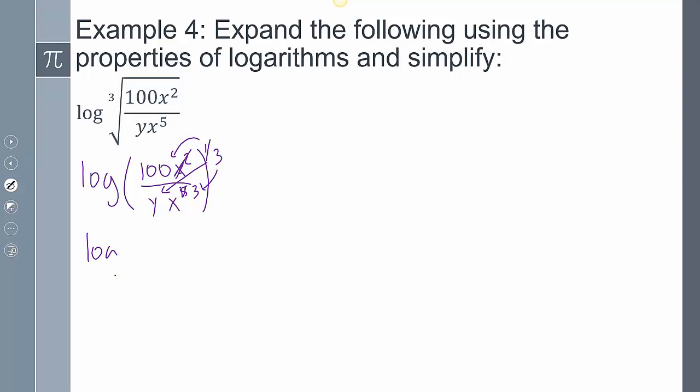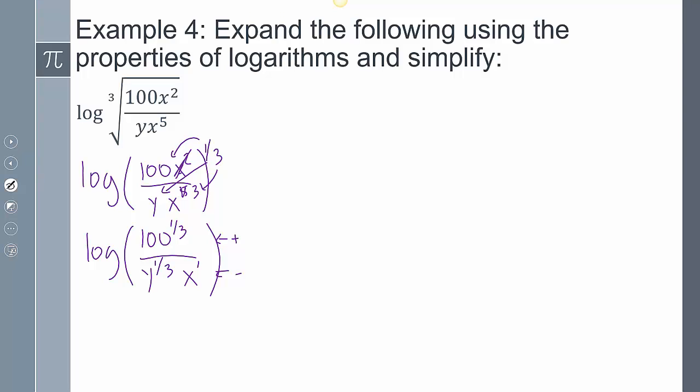So I'm going to get log 100 to the 1/3 over y to the 1/3, and then x, that's 3 over 3, because 3 times 1/3, so I get x to the 1st. So now I can break it apart. Remember, this is positive, this is going to be negative. And there's 3 things, 100 to the 1/3, y to the 1/3, x to the 1st.